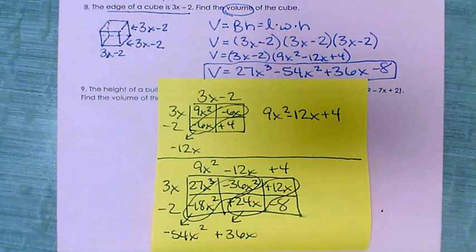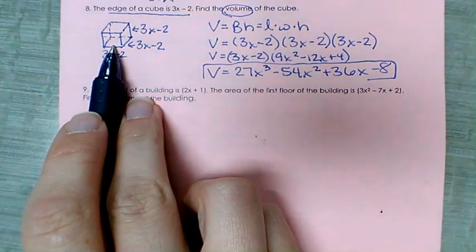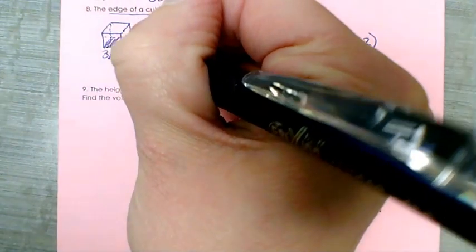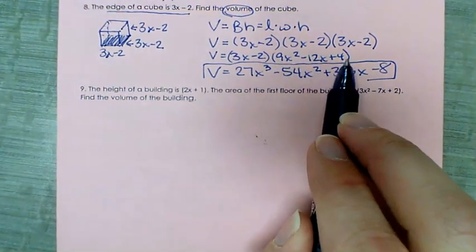All right, last problem, go to number 9. The height of a building is 2x plus 1. The area of the first floor of the building is 3x squared minus 7x plus 2. Find the volume of the building. So again, this building may not be a cube. Building is definitely a rectangular prism. So what they've given us is this floor. They've already multiplied the length and the width together.